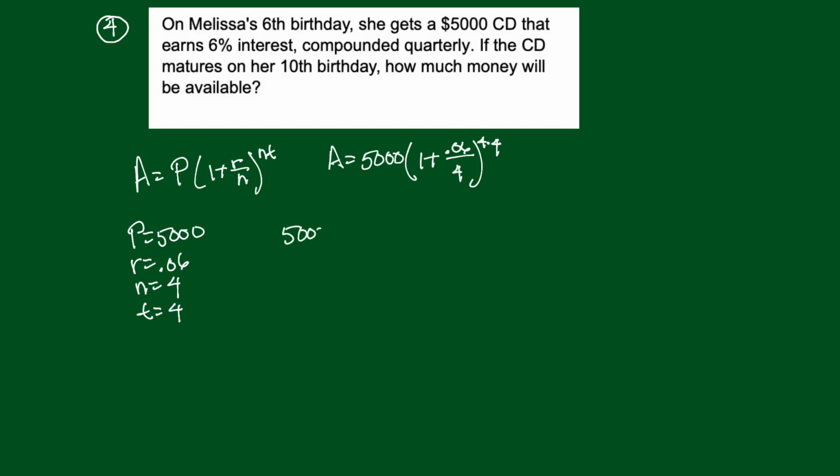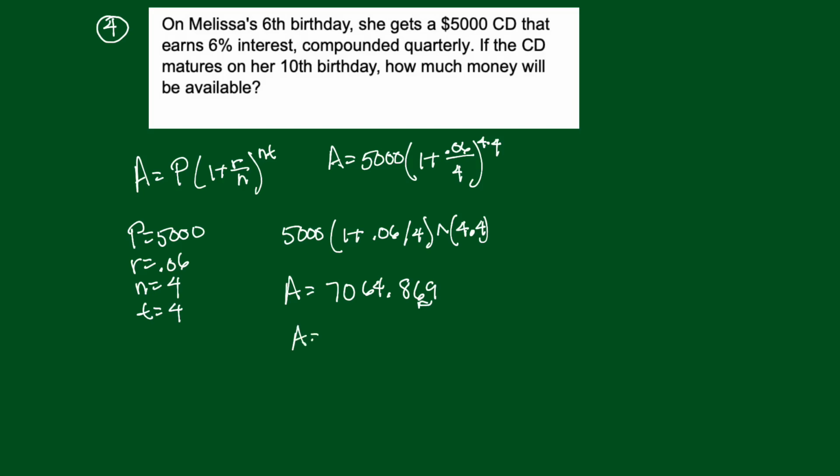Okay, so on my calculator, I'm going to put it in just like this. I'll type in 5,000, parentheses, 1 plus 0.06 divided by 4, close, and then I need a caret here, and I'll put in 4 times 4. When I did that, I got the amount is going to be 7064. Now it's money, so I'm going to go out to 2 places, but I get 869, so I'll round that up.